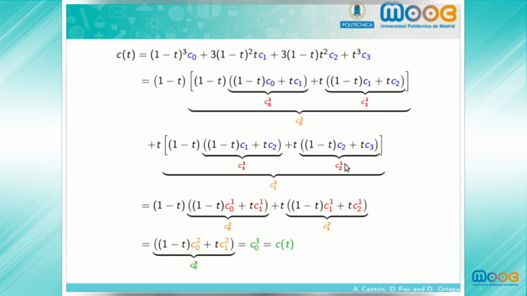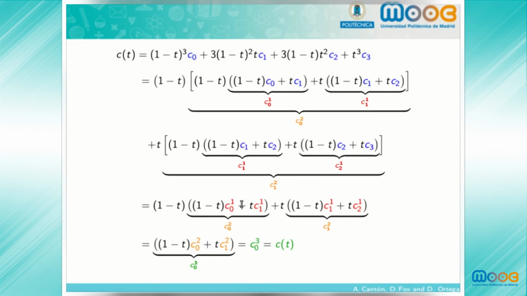They are obtained, each of them, as a point on the edges of the control polygon with ratio t, 1 minus t, each in their corresponding edge. So when we substitute these expressions by the points, we get this expression here and this expression here.